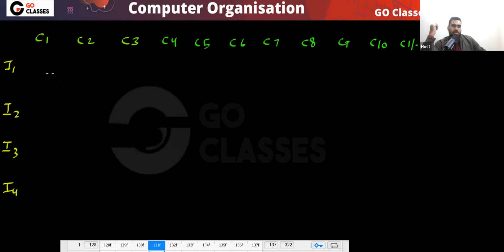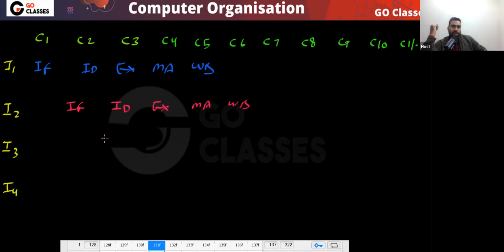So you have instruction fetch, then instruction decode, then execute, then memory access, then write back. Similarly, in C2, this is instruction fetch, instruction decode, execution, MA, WB. Here, instruction fetch, instruction decode, execution, MA, WB. And finally, instruction fetch, instruction decode, execution, MA, WB.